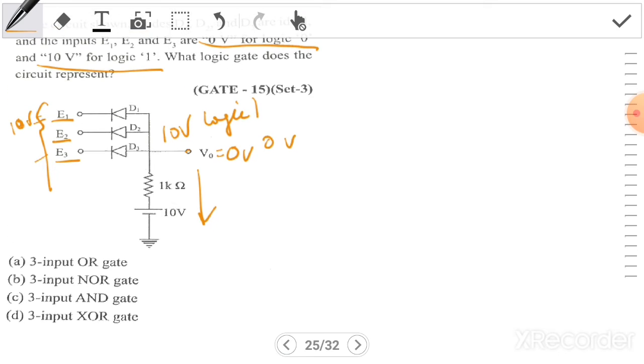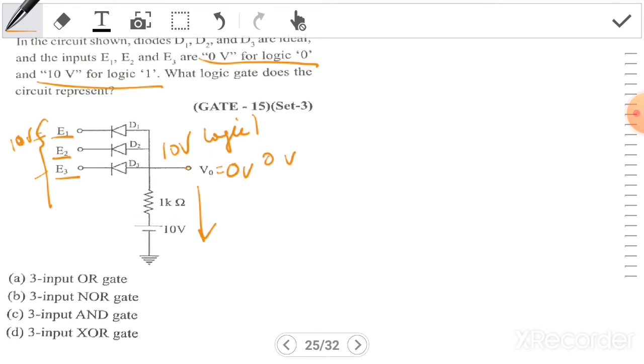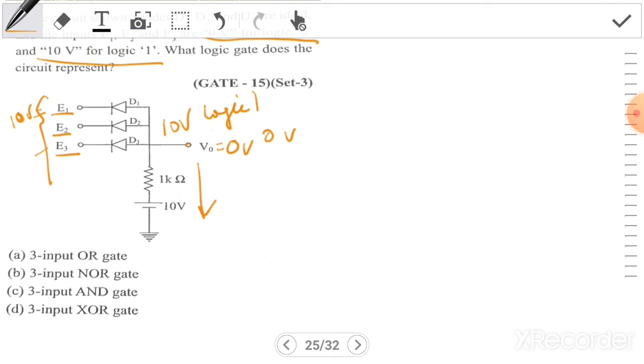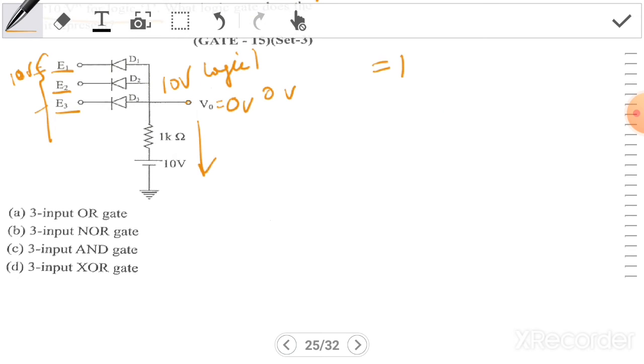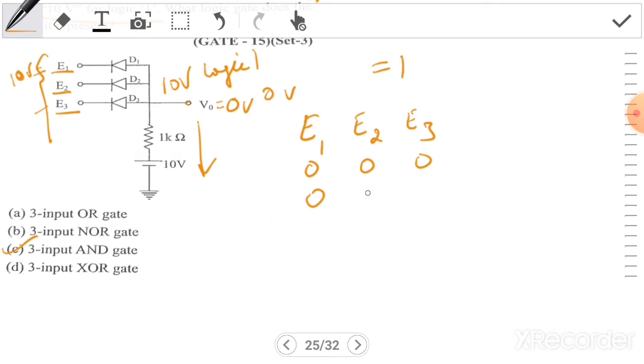So this is similar to AND gate. If all the inputs are 1, then only the output will be 1, else it is 0. So answer is AND gate. You can draw the truth table this way.